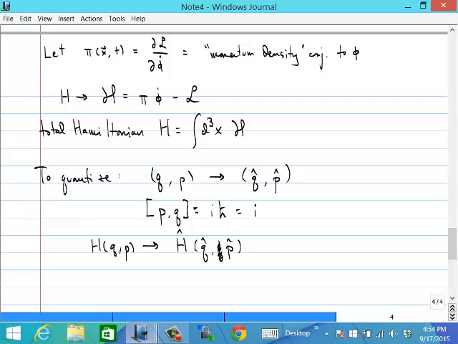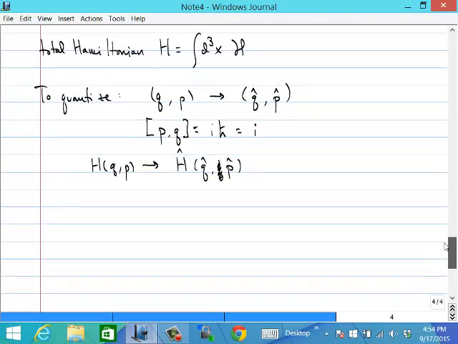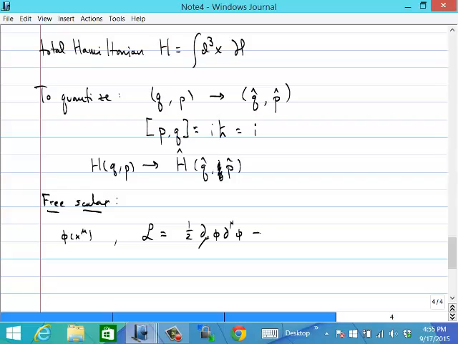Maybe before I do that, okay, let me just go through this Hamiltonian density stuff for a very simple example, the example that we studied last class, which is that of a free scalar field. So a free scalar field is a field phi with a Lagrangian, which is 1/2 (d mu phi)^2 minus m squared phi squared.